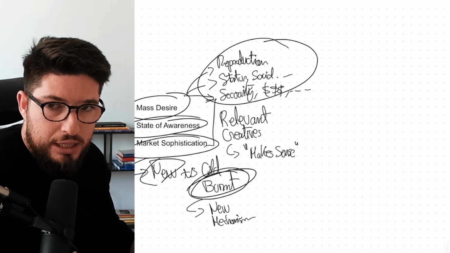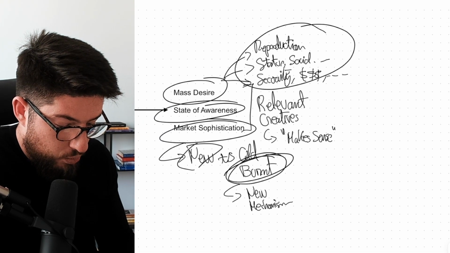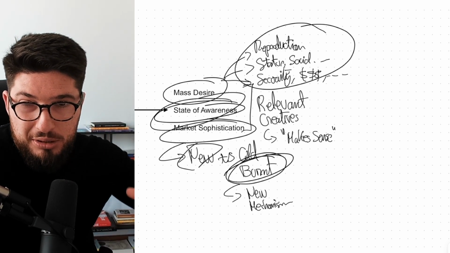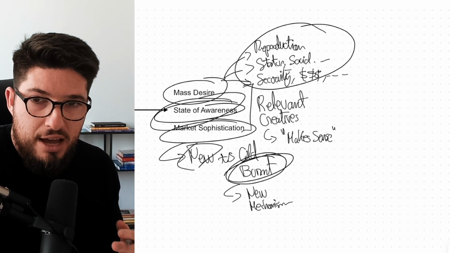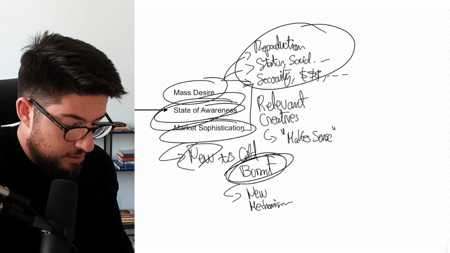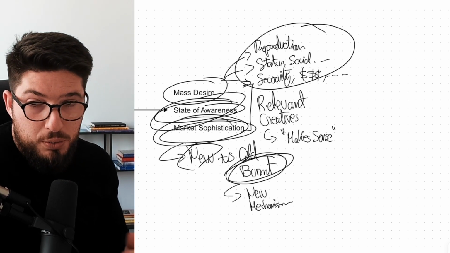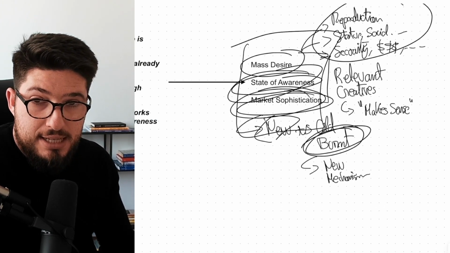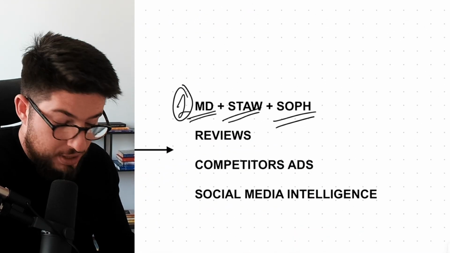If I'm in beauty or any other niche, what's the mass desire? What's their state of awareness? Do they know about my product? Do they know about the general solution? Or are they aware that they have a problem? You have to determine that. And then go into market sophistication, and based on the level of sophistication, you will develop one message or another. So first things first is applying these 3 filters to your product.